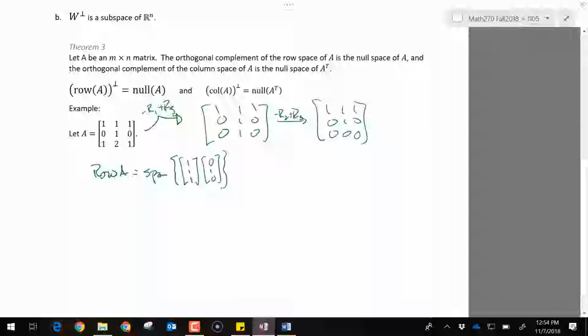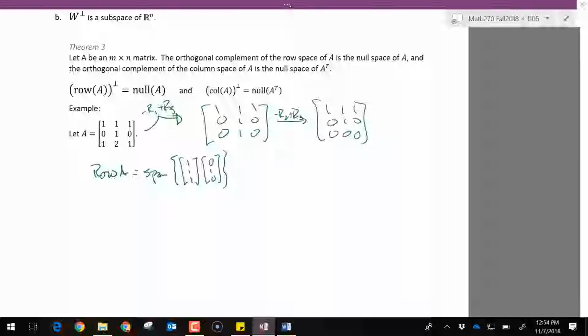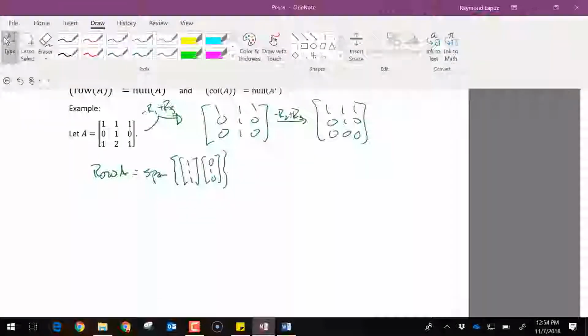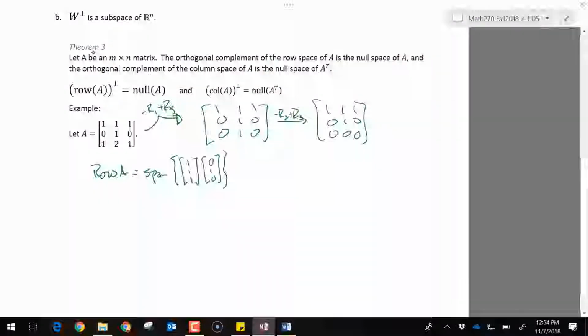And then the null space, if we solve for this as if it was homogeneous, we got a free variable here in x3. So x3 is free. x2 looks like it's not dependent on x3, so x2 is equal to 0.